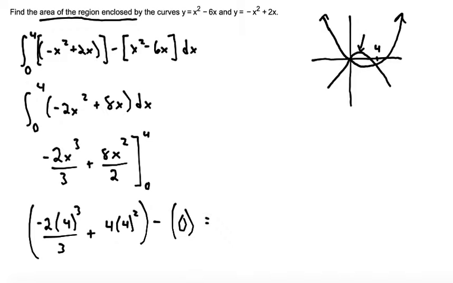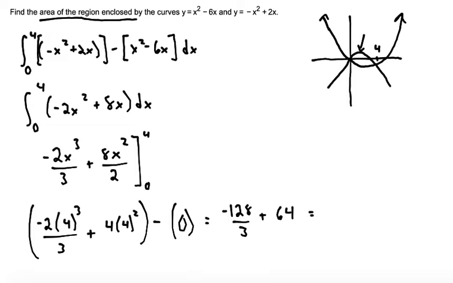So then simplifying, negative 2 times 4 cubed. 4 cubed is 64, times 2 is 128. So that would be negative 128 over 3, plus 4 squared is 16 times 4 is 64.